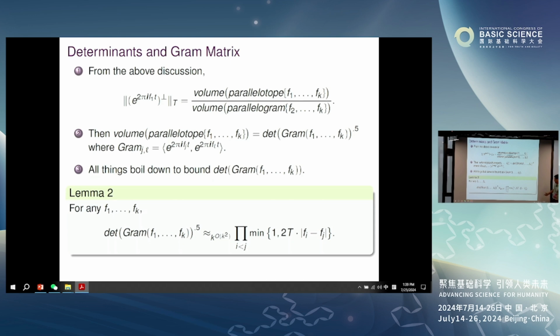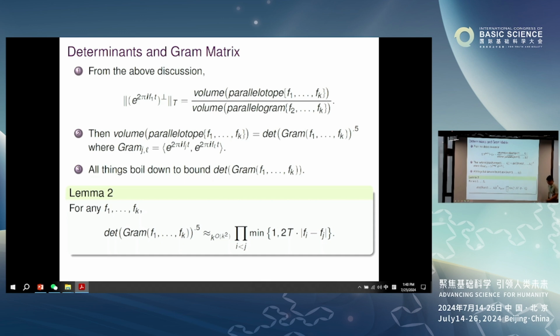This distortion actually means we have both upper and lower bounds. It's saying this determinant is at most k to the some constant times k square, but also at least k to the minus k square. We have both, so that's why we can plug it in here: for the numerator we need the lower bound, for the top part we need the upper bound.